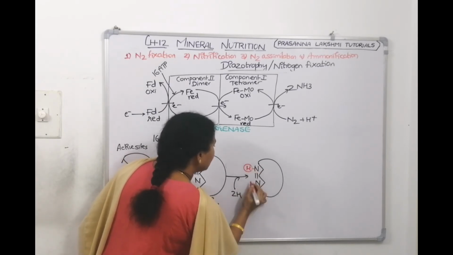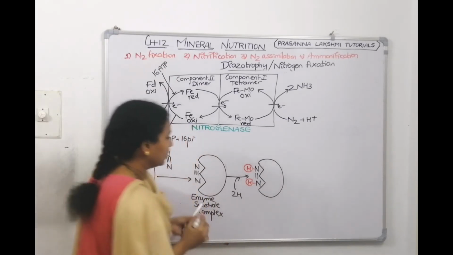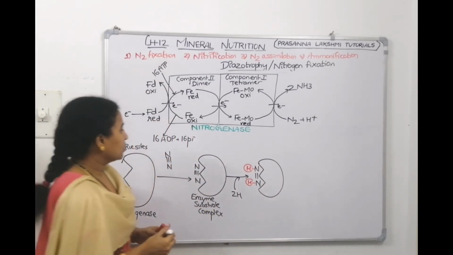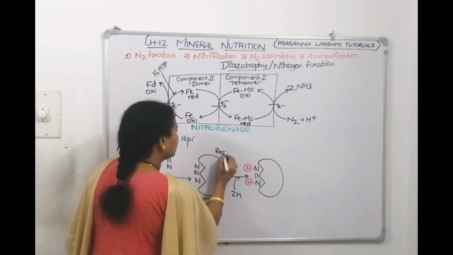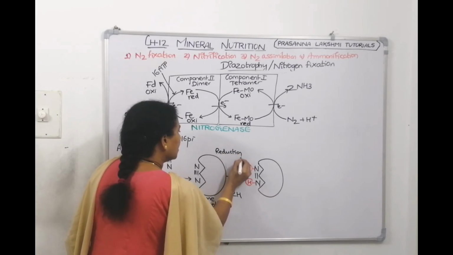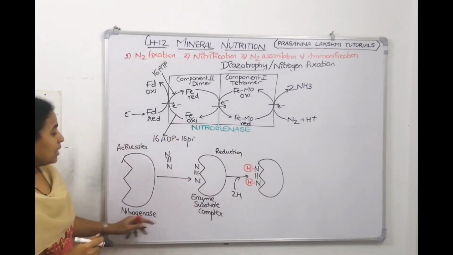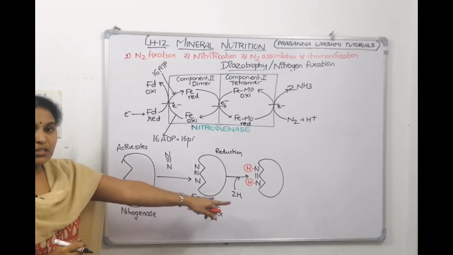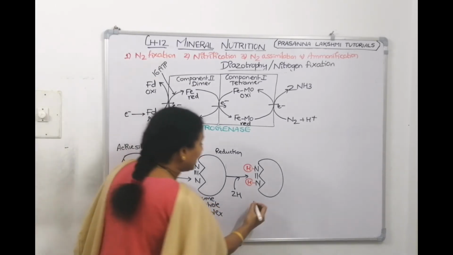One hydrogen is added here, one hydrogen is added here. It becomes NH, NH. So I'll write reduction here. Now, this is the free enzyme. This is the enzyme with the substrate. What is this called? This is called diimide. What is this called?